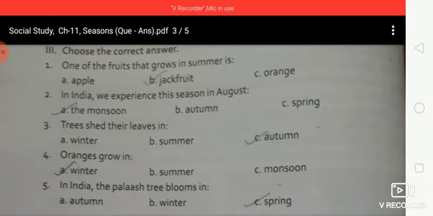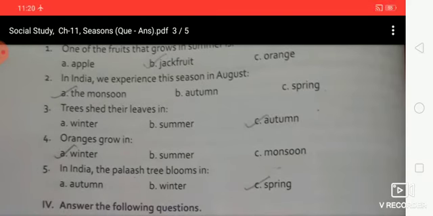Autumn is the season between the monsoon and winter. Trees shed their leaves in autumn. September and October are the autumn months in India. In winter, the days are short and cool, and the nights are long and cold.